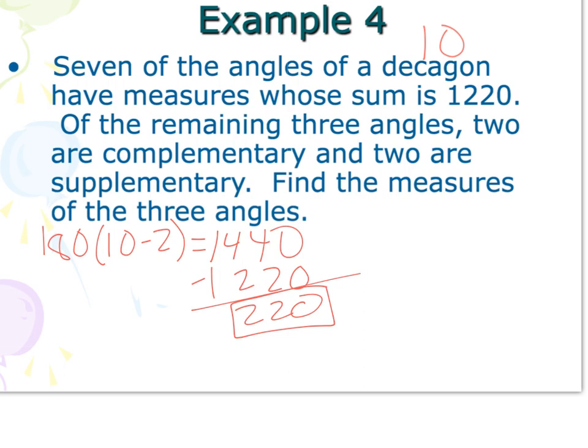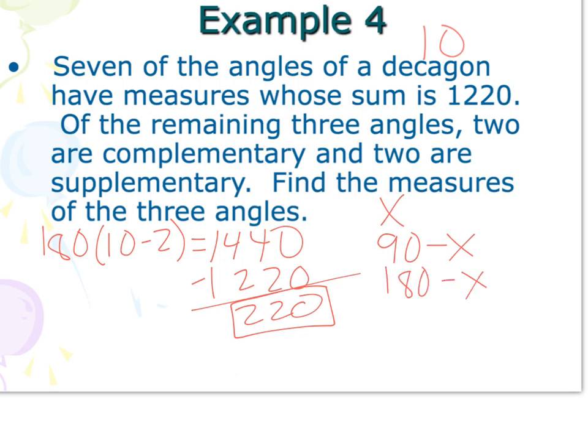Okay, so of those 3 angles, 2 of them are complementary, 2 of them are supplementary. Well, let's say one of the angles is x. What's the complement of x? How about 90 minus x? And then what's the supplement of x? How about 180 minus x?